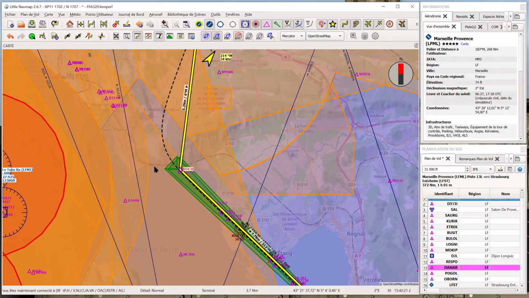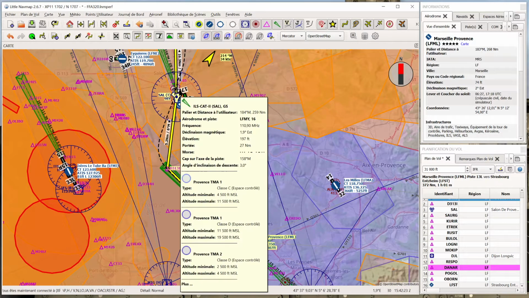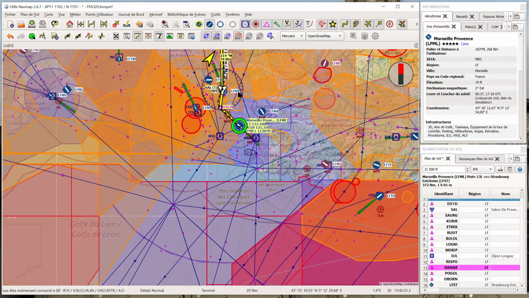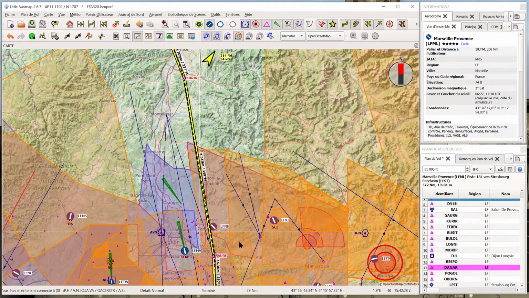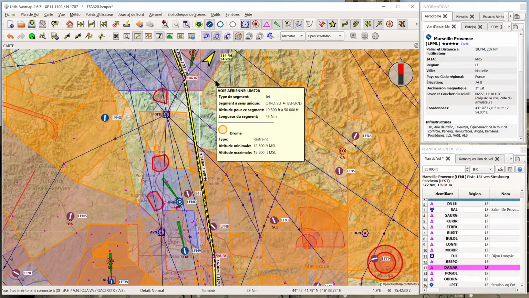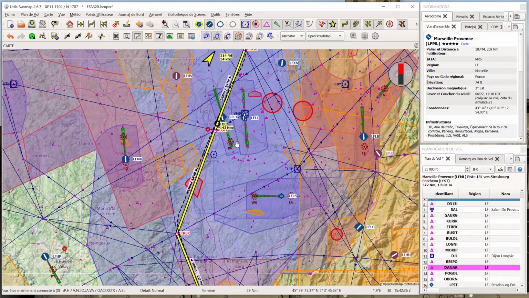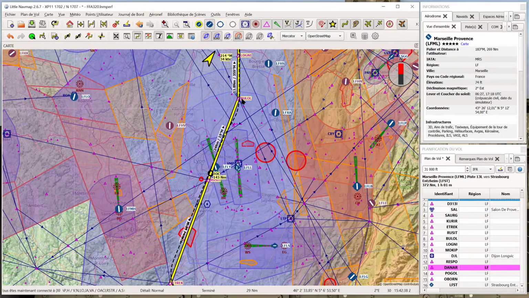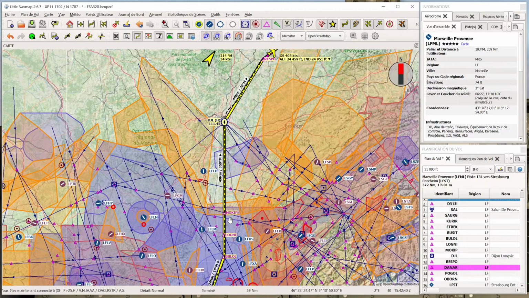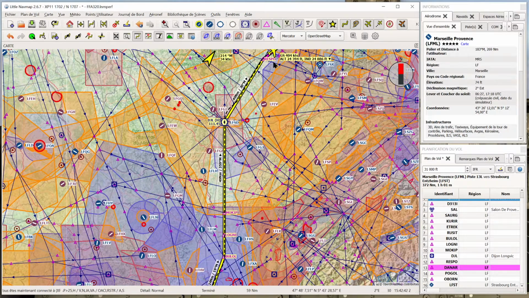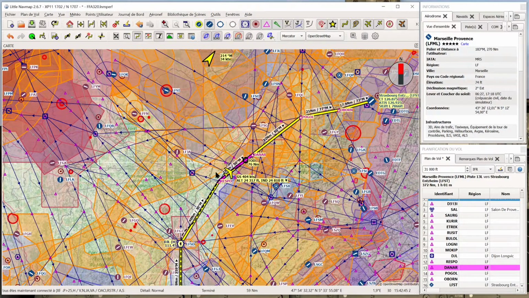So fly runway heading, turning right to Salon de Provence, then left towards Curie, and then E-Trek, that's the Mende radial, and then towards Dijon, and then Respo, and then right towards Pogol, and then direct to Strasbourg.